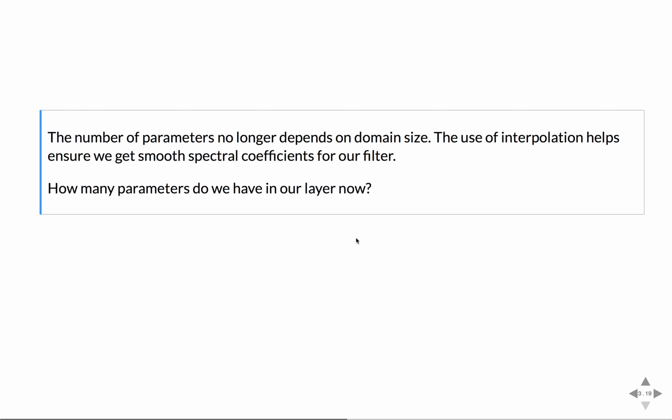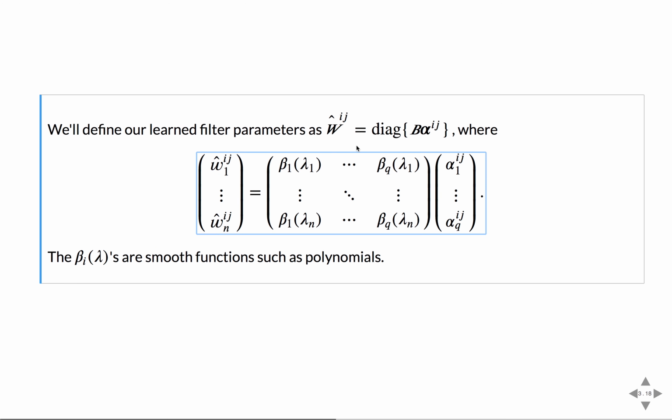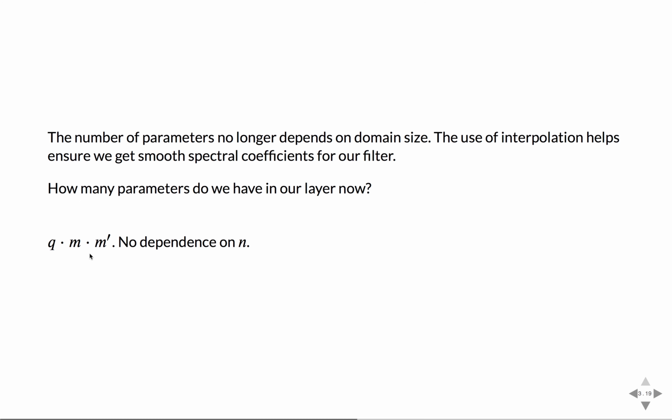The number of parameters in our layer will be q for each filter, but how many filters we have depends on the number of input and output feature maps. So for m input and m prime output feature maps, this is the number of parameters. We do not depend on n anymore.